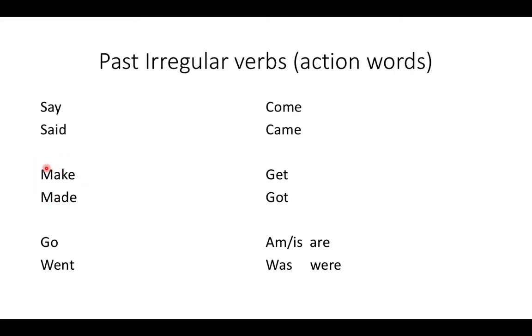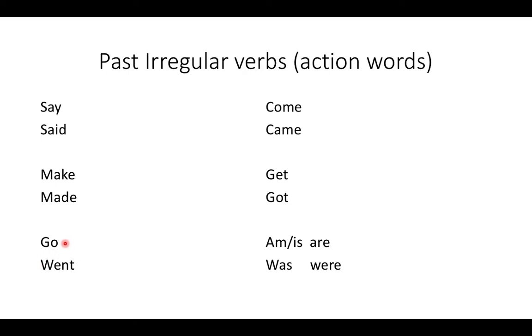Make, the past tense verb, the past verb is made. Made. So make is present, made is past. Go is present, and went is past. This one's extra hard because it's a completely different word. These two words do not look the same, but they mean the same thing, the same kind of action.